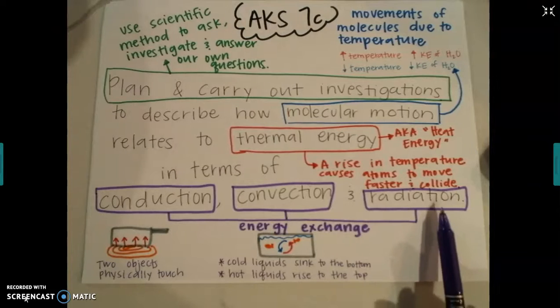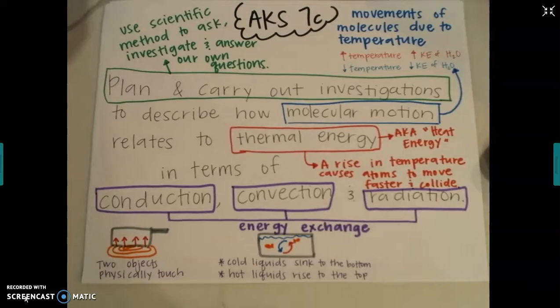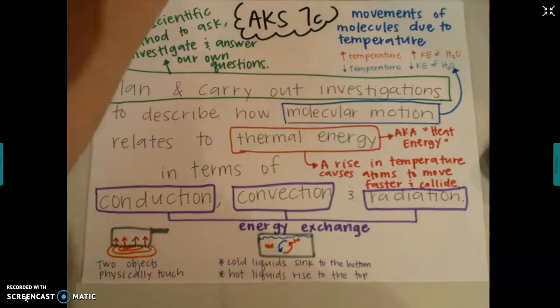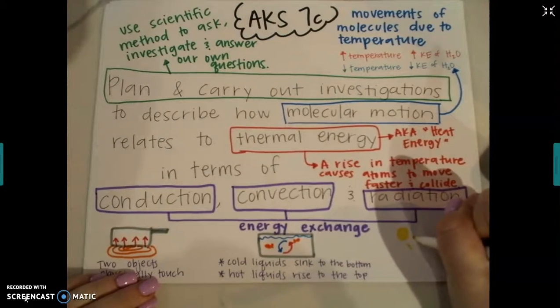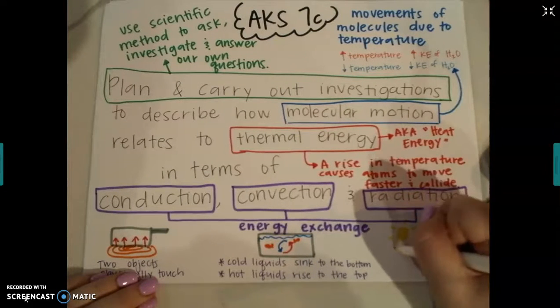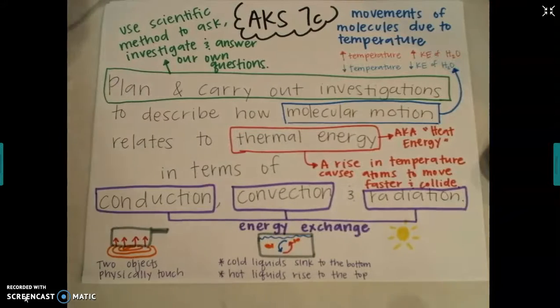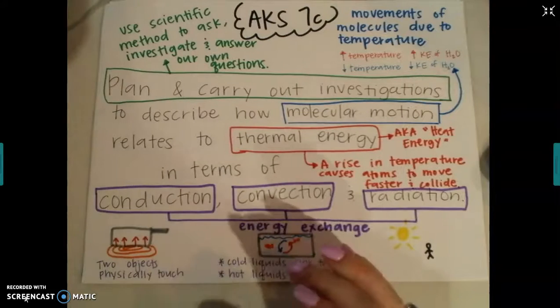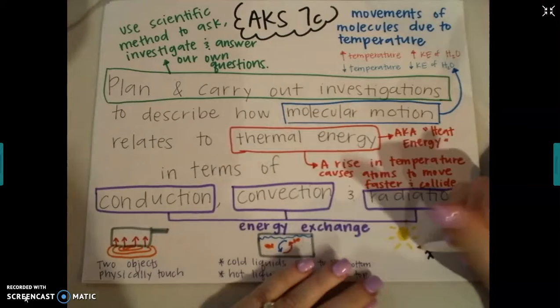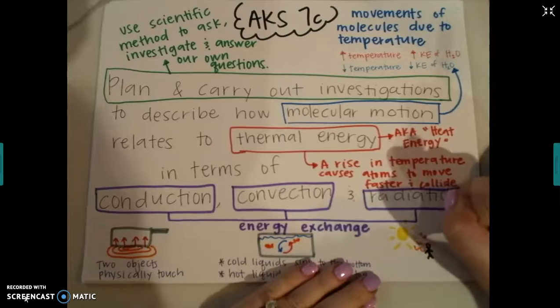Our last form of energy exchange is going to be radiation, and I'm going to draw a picture of the sun here, just like that. And then I'm going to draw a little picture of a stick person down here. This little stick person is standing out in the sun, and he can feel the heat rays of the sun beaming down on him.